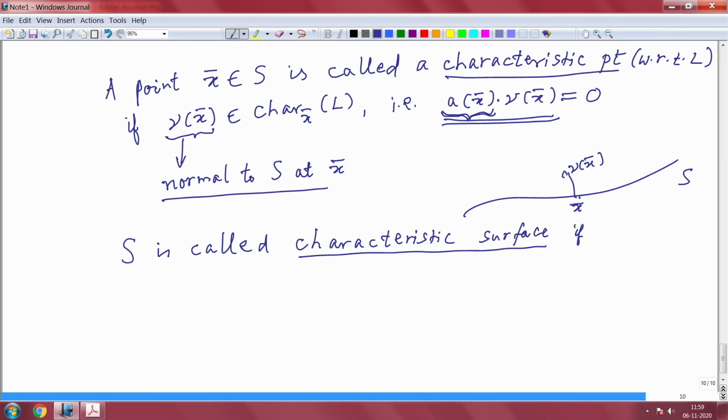So, S is called a characteristic surface if all the points on S are characteristic points.